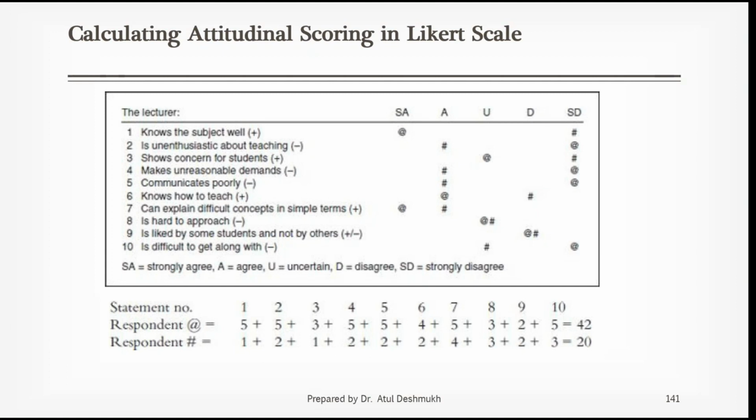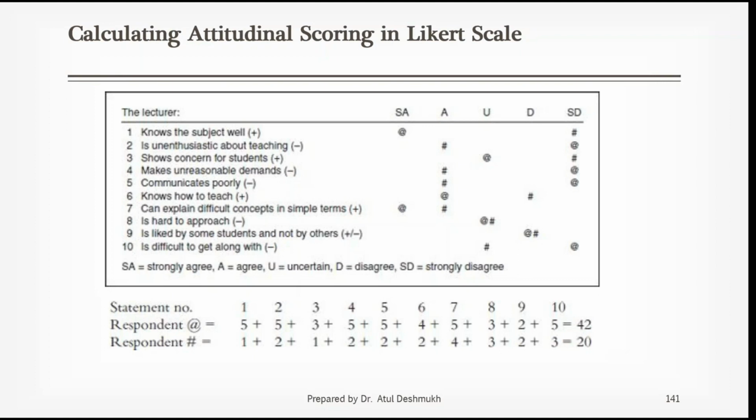Suppose there are 40 participants in your batch, and for this particular statement number 8, hard to approach, all of you mark the uncertain zone. That means there is no discrimination. It is not giving any additional information about that particular statement.